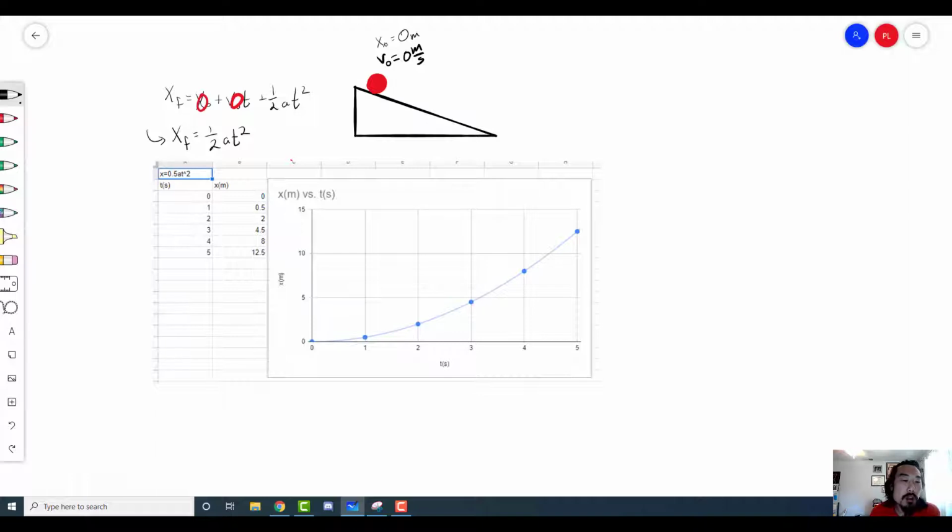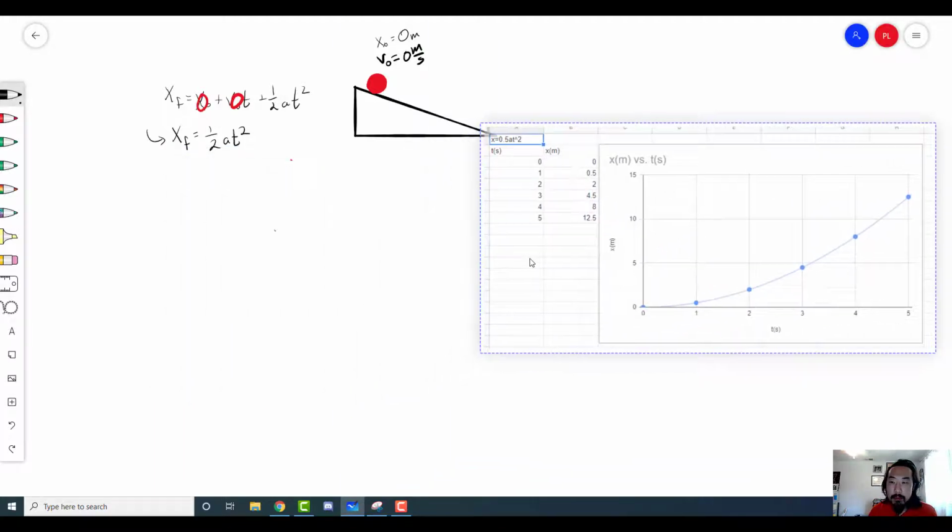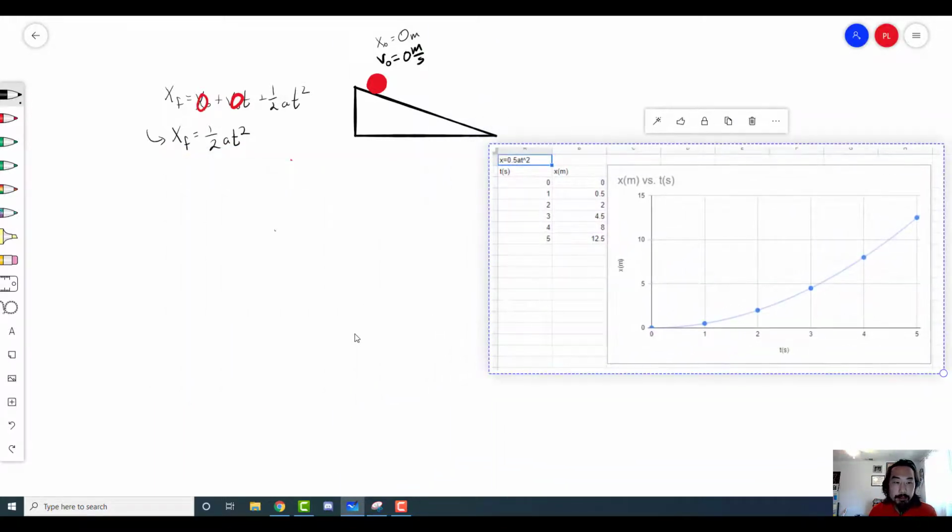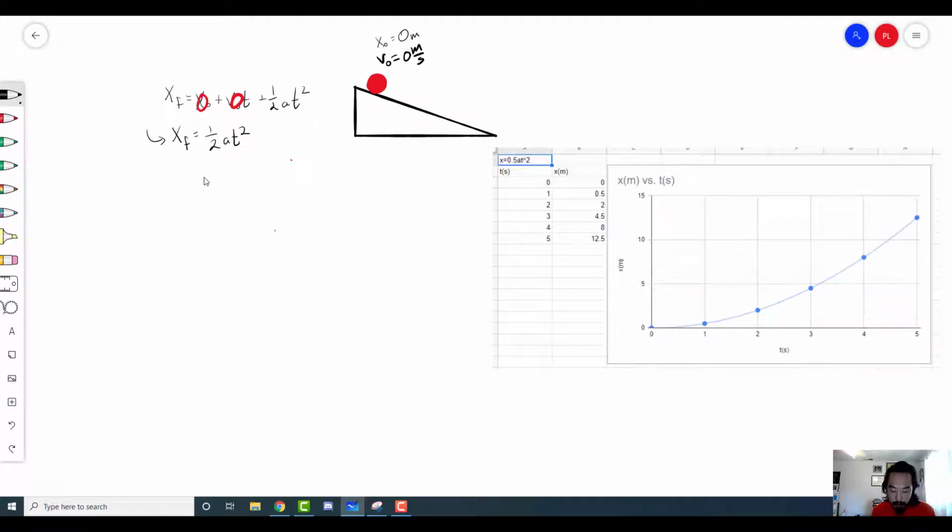Before I go into how to linearize, I want to show you why this even happened. If I were to first start off with this equation over here, xf is equal to 1/2 at squared, I'm going to move my data set or my graph over to the right. I want to compare this equation to an equation called the point slope formula, which is y is equal to mx plus b.